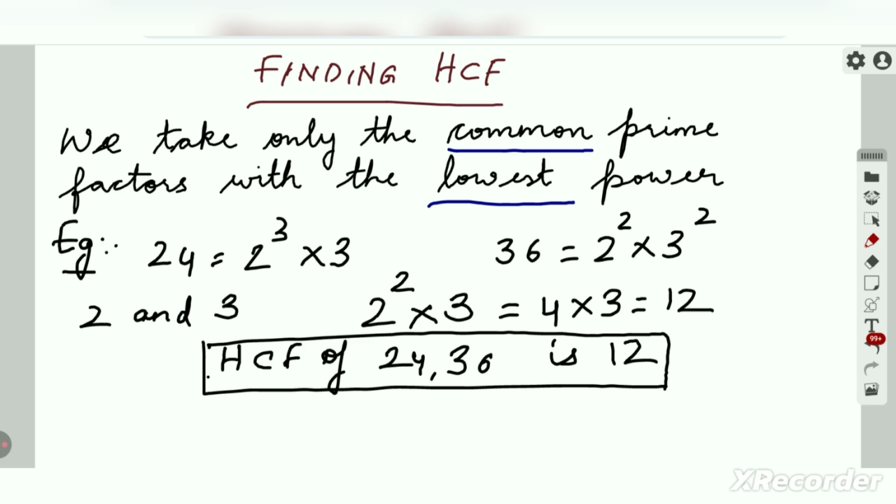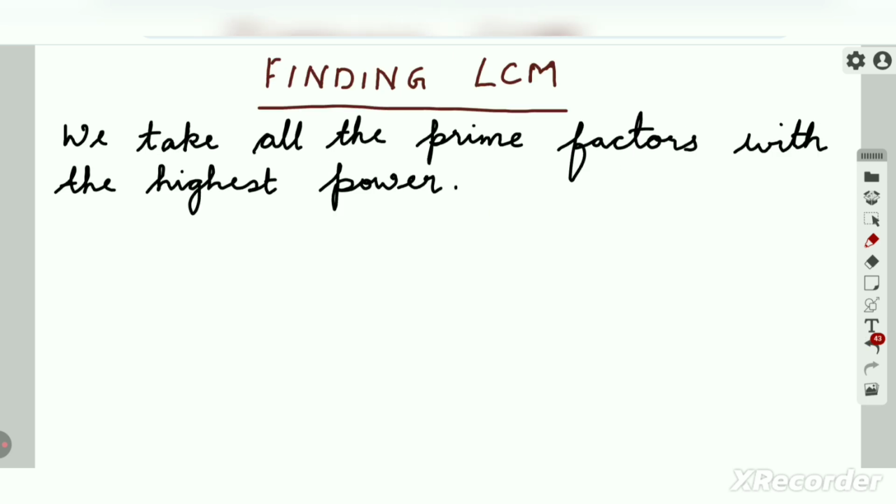Now, how do you find out the LCM of these two numbers using the prime factorization method? To find out the LCM, we take all the prime factors with the highest power.